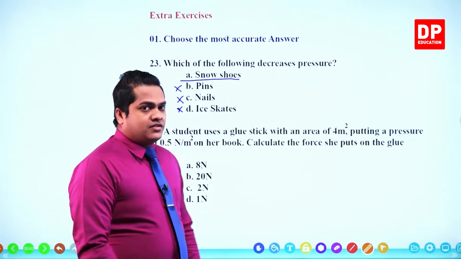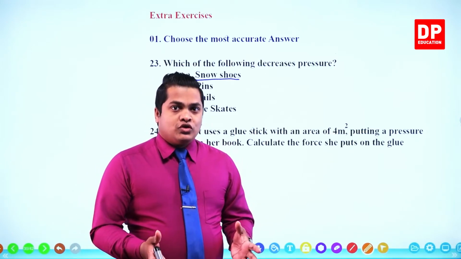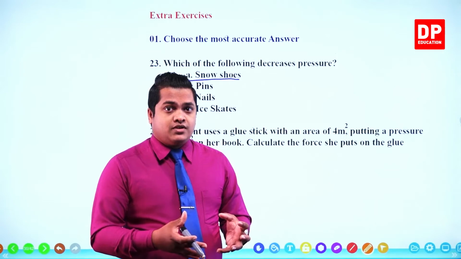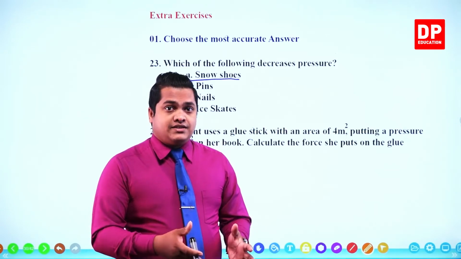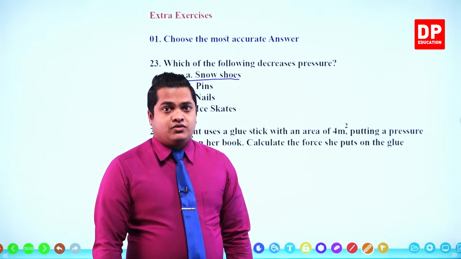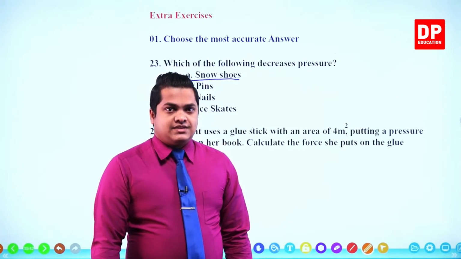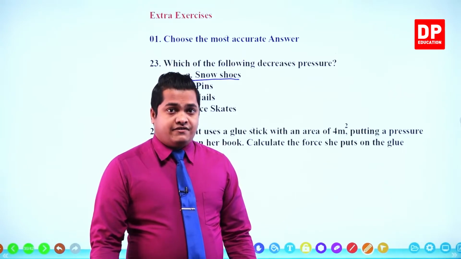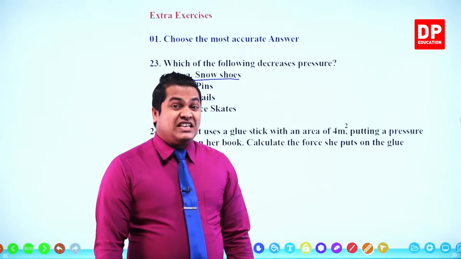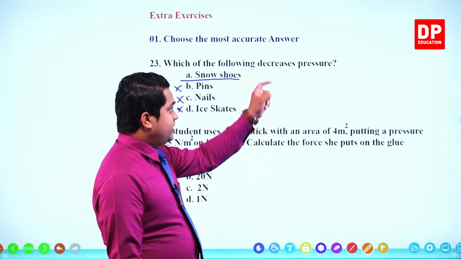Snowshoes: to walk on snow we use snowshoes. If the pressure is increasing there, then the person will definitely sink into the snow. So in snowshoes, we increase the surface area of the shoe to decrease the pressure.